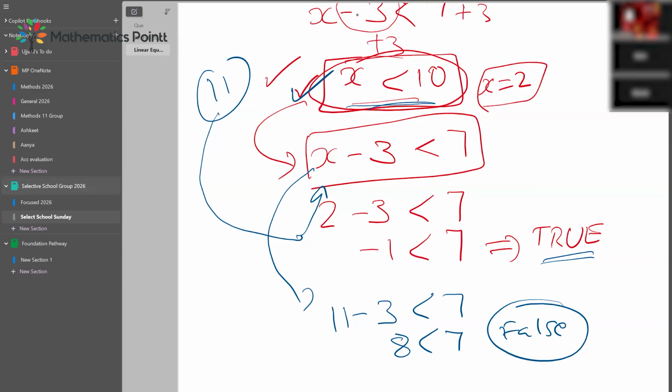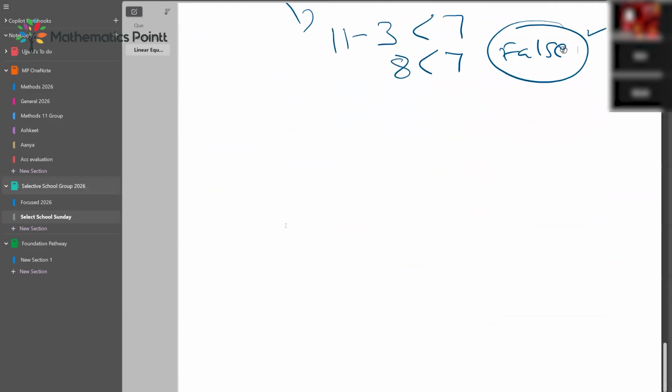Which means the answer that I found, x should be less than 10, is the right answer. The moment I pick any value of x greater than 10, my rule fails. It becomes false. So therefore, it is exactly right. Let's try a few more and see where we land.